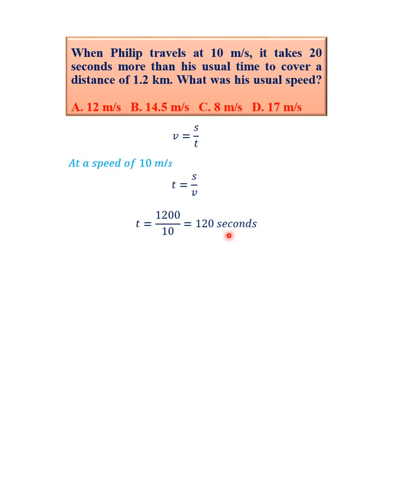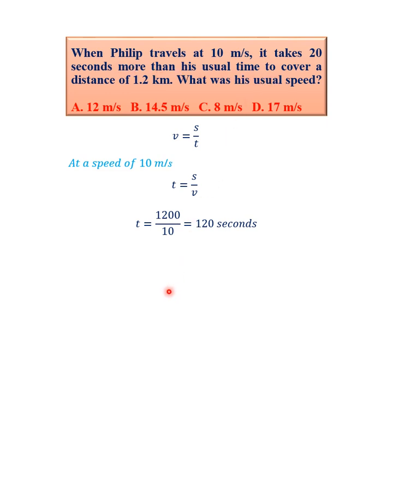That is the time it takes Philip to travel a distance of 1.2 kilometers at a speed of 10 meters per second. However, the question says that this time is 20 seconds more than his usual time.